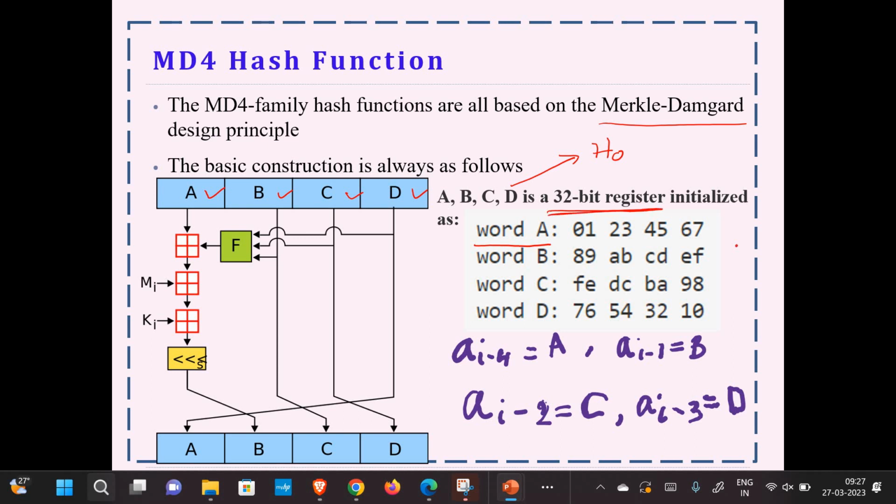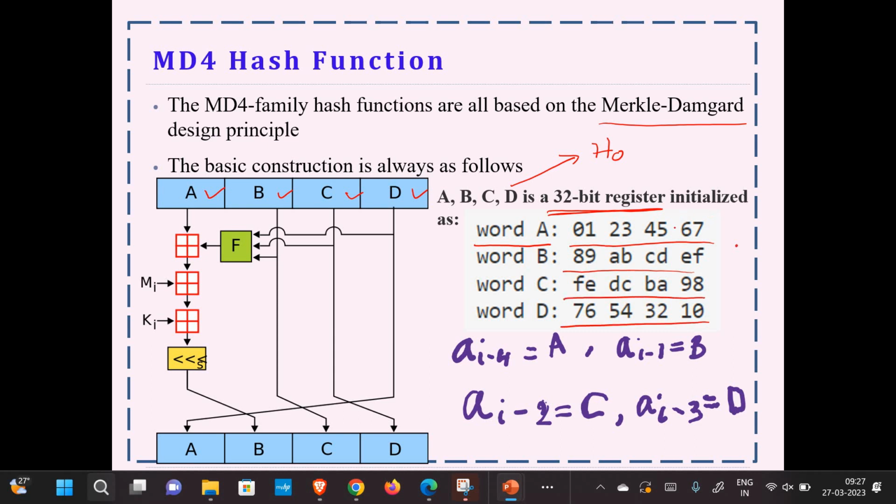And like in many of the AES algorithms, we have already observed that we will have some predefined table for the initial approximation. So here, this particular arrangement that you are looking at is the initial approximation of the words.